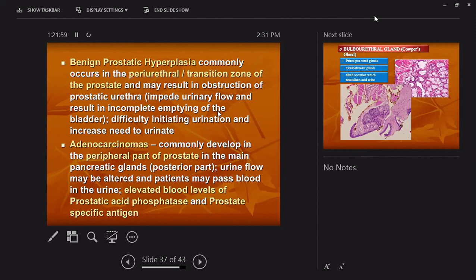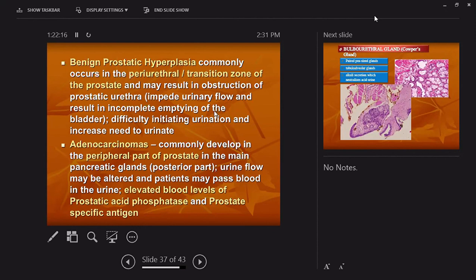There is difficulty initiating urination and increased need to urinate. So several times you have to wake up in the evening, 4 or 5 times, in order to urinate.